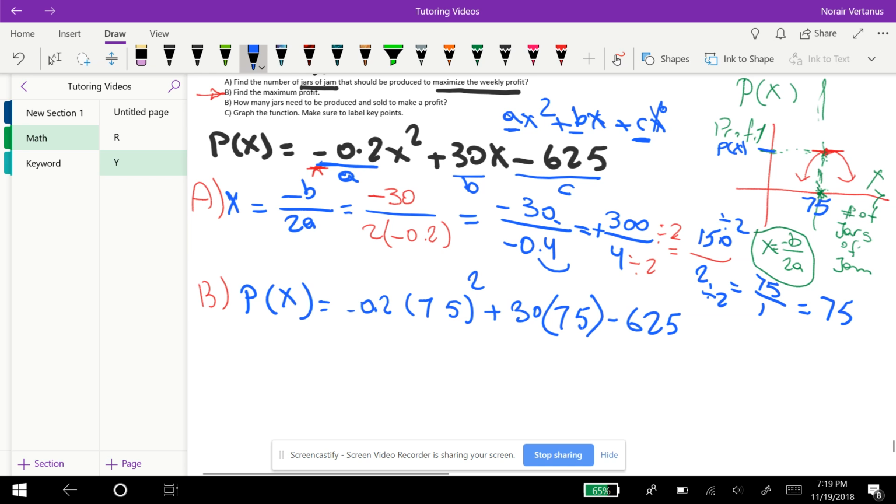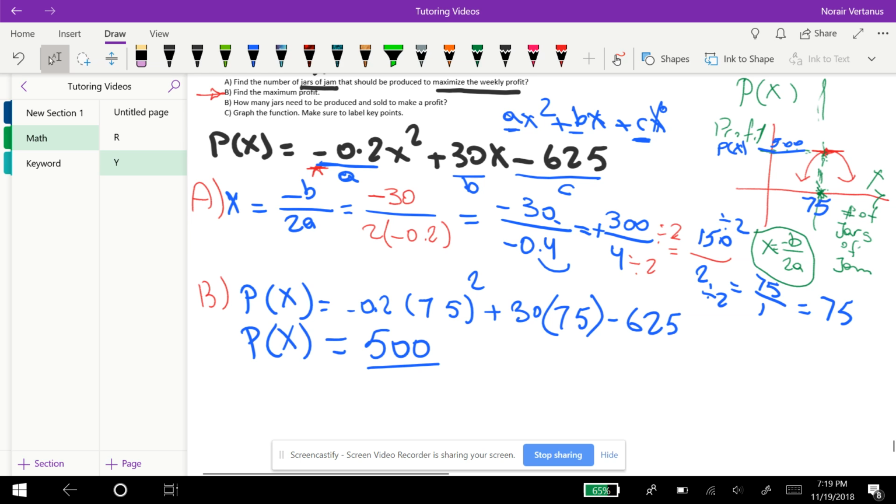All right, I got it. It's 500. So P of x is 500, so $500. Probably the unit, I didn't see it, whatever it is. So that's the profit. P of x would be 500.